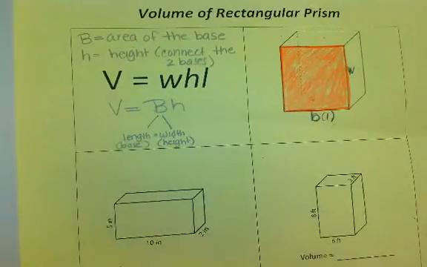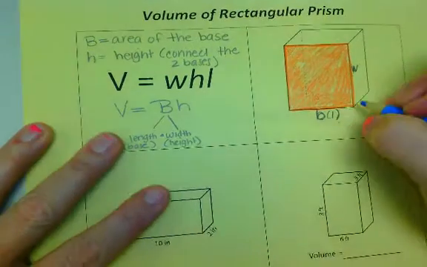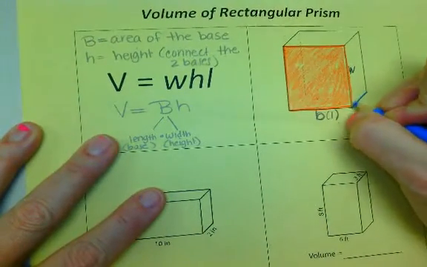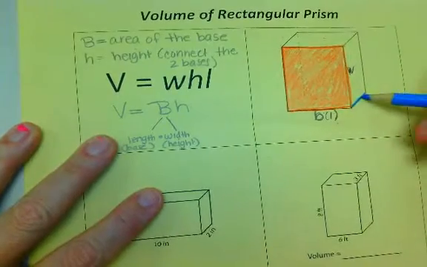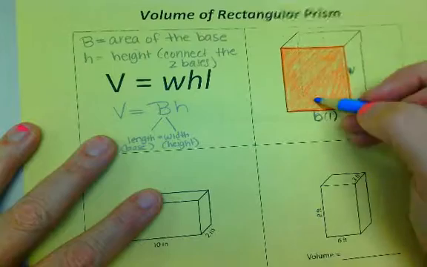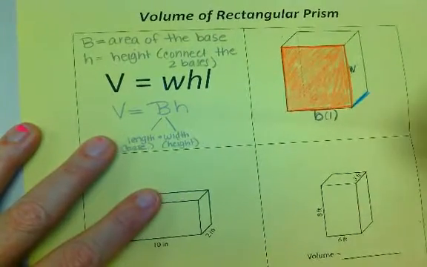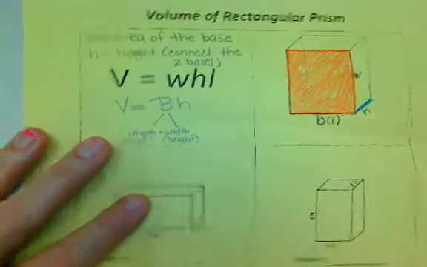And then we have height, which if you notice now connects our two bases. Well, that's different than before. So our height would be this piece right here. Yes, it could be this piece, or this piece. It's any piece that attaches the front base to the back base. So that would be my height.